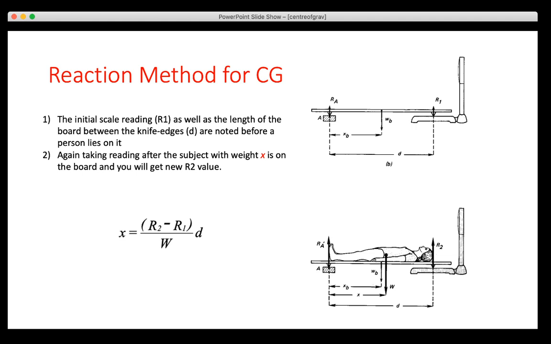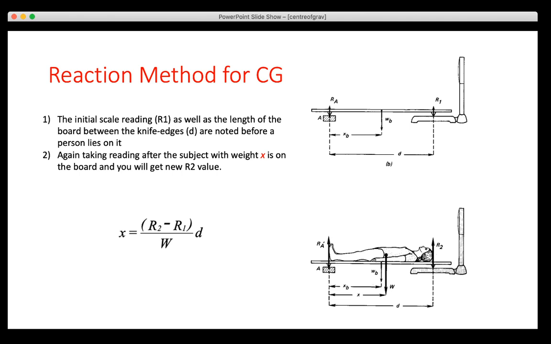This method is also useful for measuring body segments, with the same apparatus, a reaction board, on the right side. I have shown you two figures. In the first figure it is empty, and in the second figure the athlete is lying down.